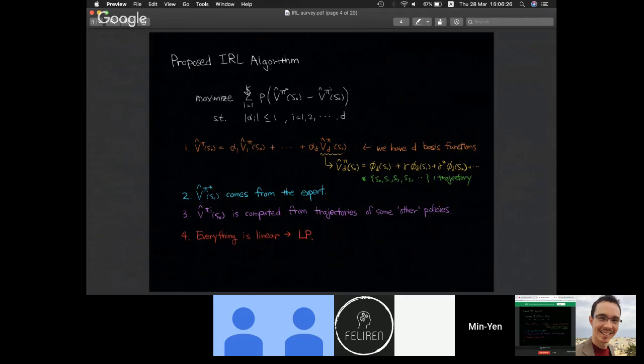But across all of them, I want to maximize the difference between these two value functions. One of them is the optimal value, which is the source. Another one we do not know. We start with random and try to somehow adjust towards the expert's. Okay.